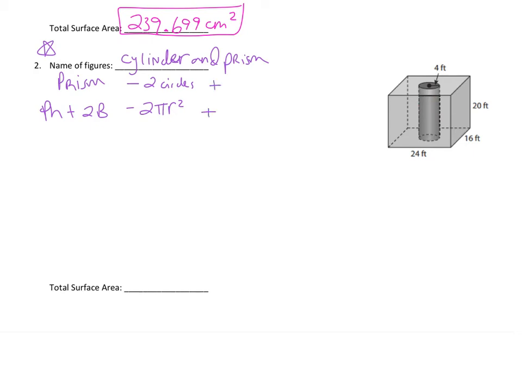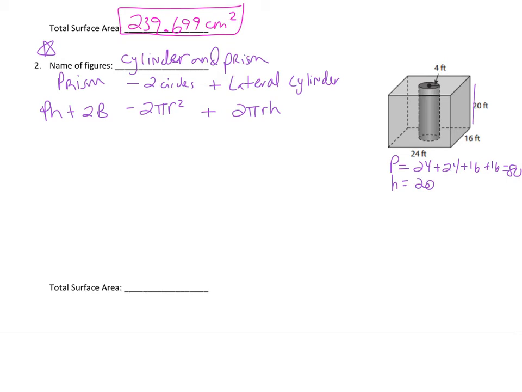So notice that's the lateral surface area of that cylinder, so we need to add on the lateral surface area of our cylinder. Now that we have our formula all set up, we can start filling everything out. So our perimeter of our prism, let's lift that up over here to the side. We're going to have 24 plus 24 plus 16 plus 16. When we add these together, we get exactly 80. Now the height of our prism is going to be our 20.